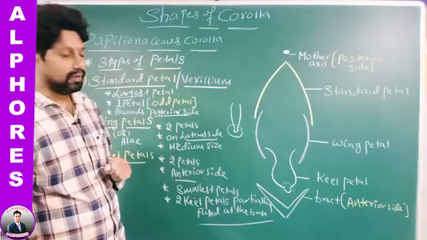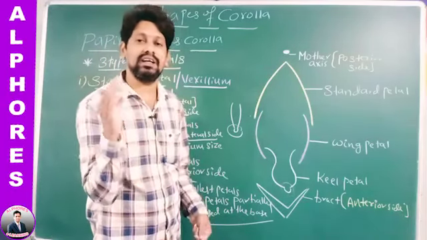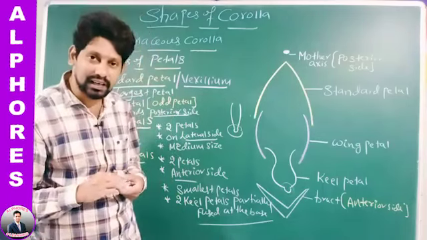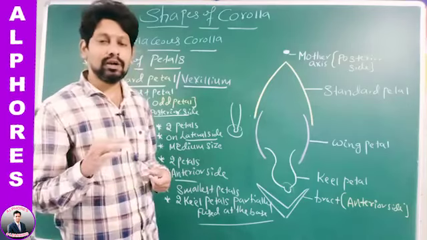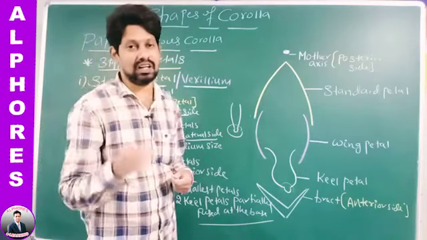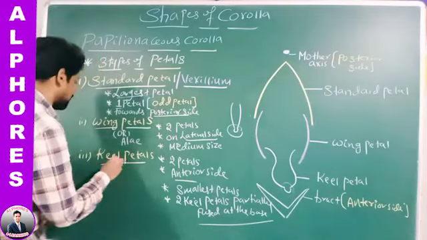Now see this statement. These keel petals enclose androecium and gynoecium. Androecium and gynoecium are the essential organs of a flower.